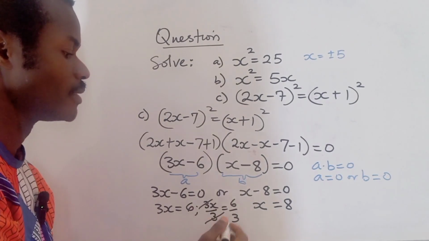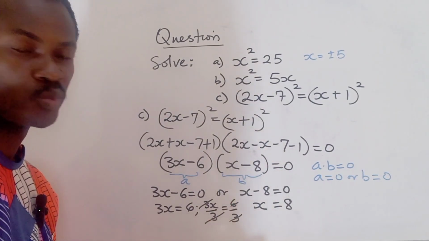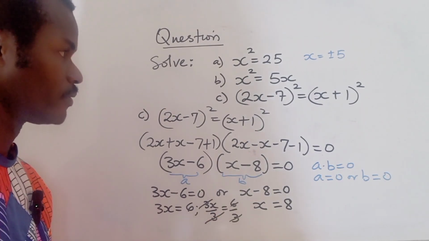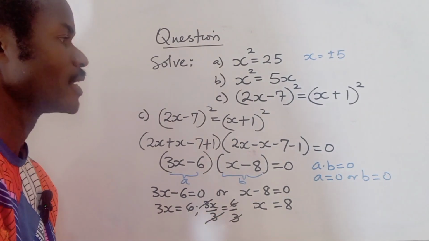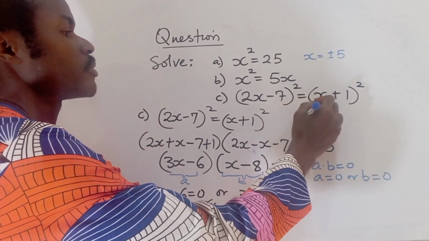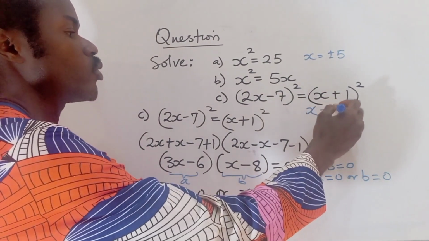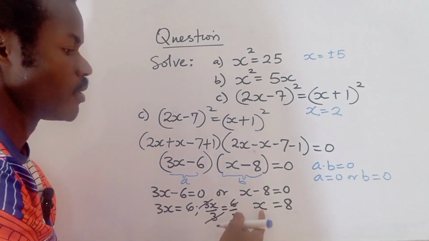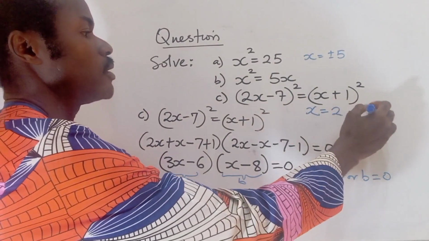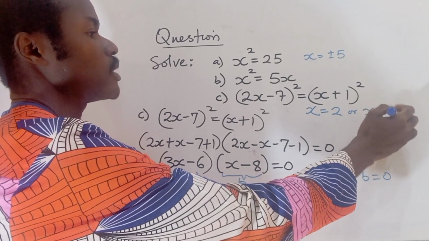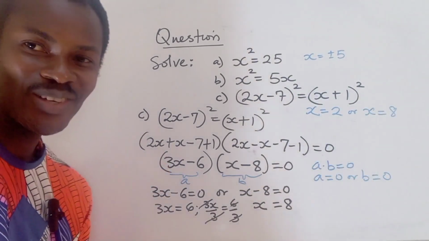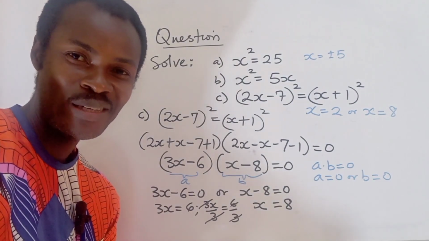So our x here is going to be what? 2, right? So we have that x in this problem is equal to 2, or our x is equal to what? 8. That gives us the solution to this problem.